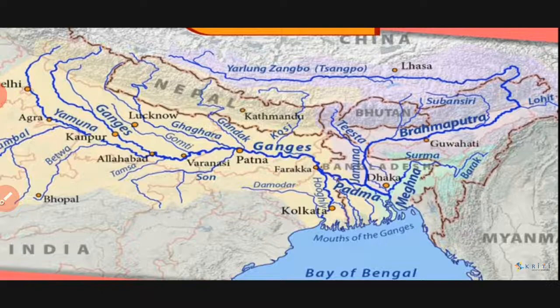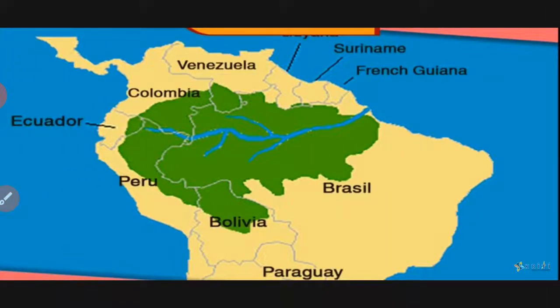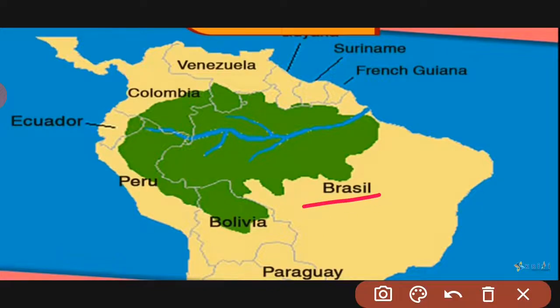So, today we will continue with the Amazon basin, which is in the tropical part of the earth. A major part of the Amazon basin lies in Brazil, between the Guiana highland in the north and the Brazilian highland in the south.